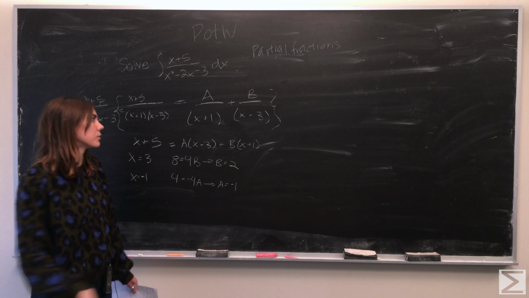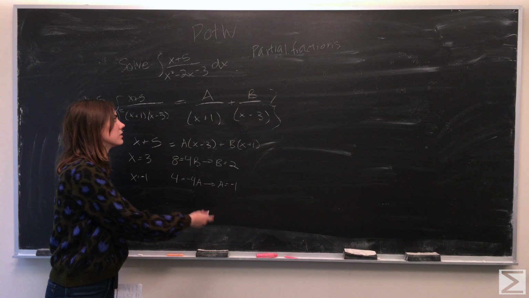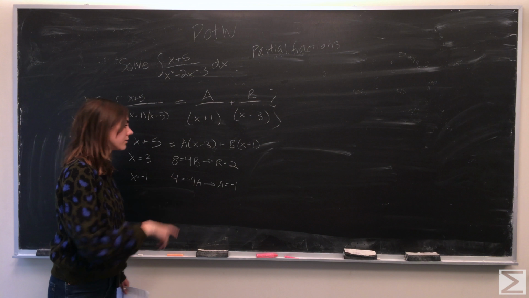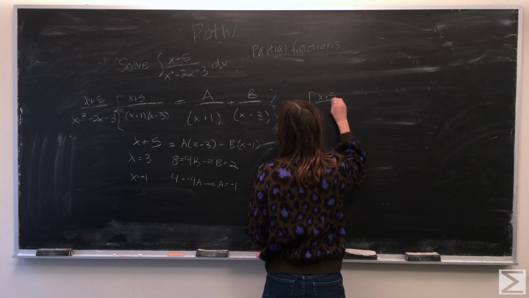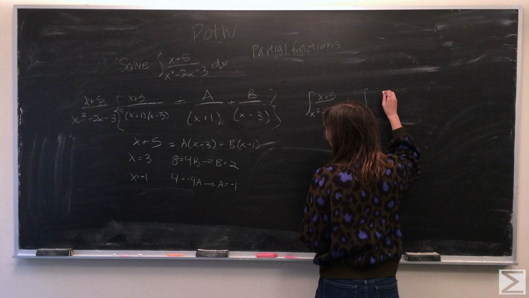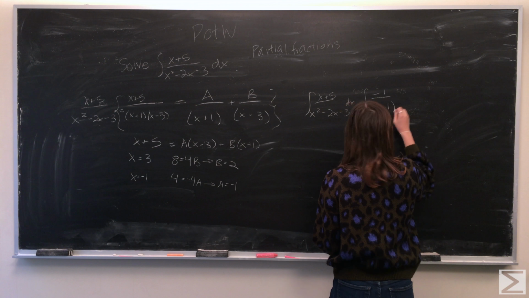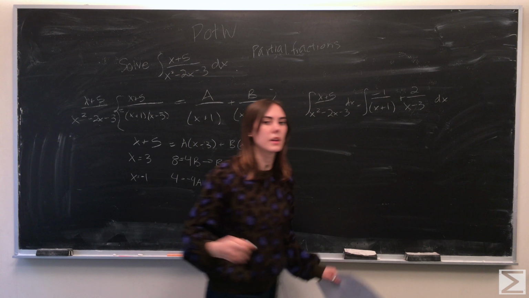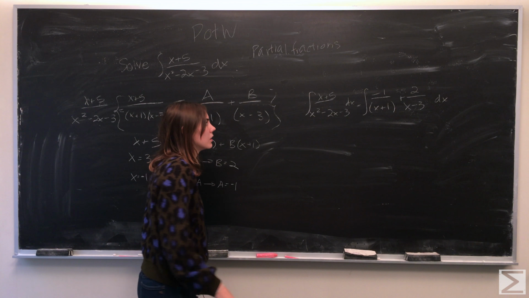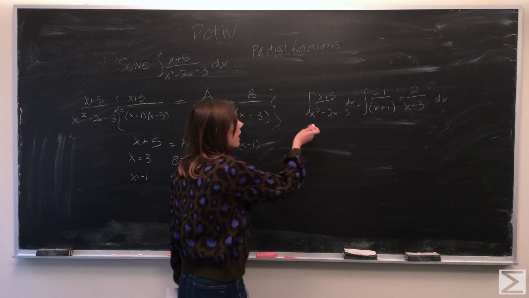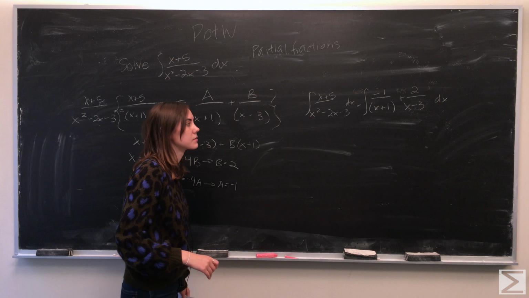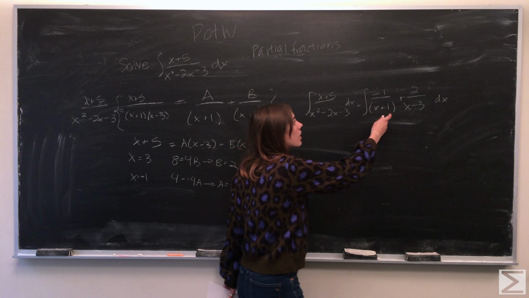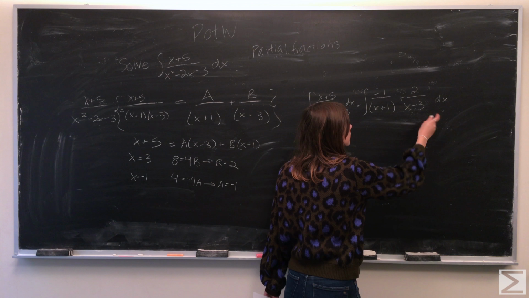So now that we've solved for what A and B are equal to, we can plug them back in here and turn this into an integral in itself. Plugging in what we've solved for A and B, we get that the integral of x plus 5 over x squared minus 2x minus 3 is actually equal to the integral of negative 1 over x plus 1 plus 2 over x minus 3.